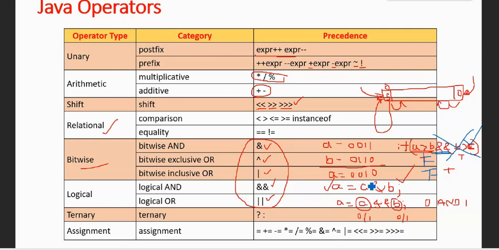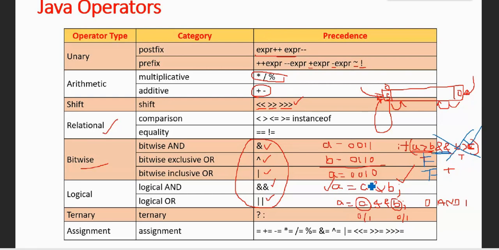So you are the programmer, you know where to use a logical operator and where to use the bitwise operator. While using any logical operator, double ampersand or double vertical line symbols, we should use relational operators.